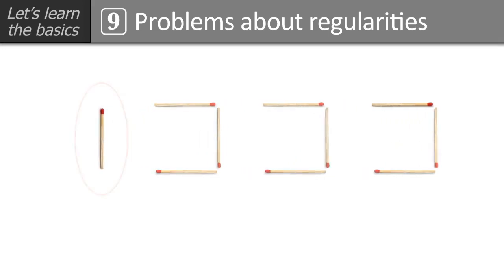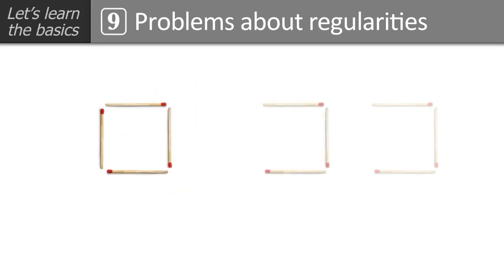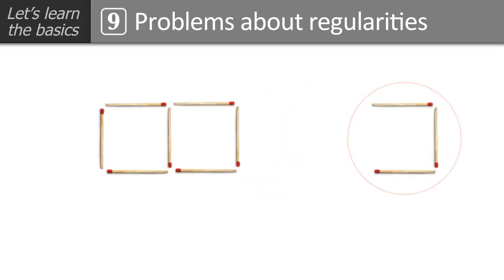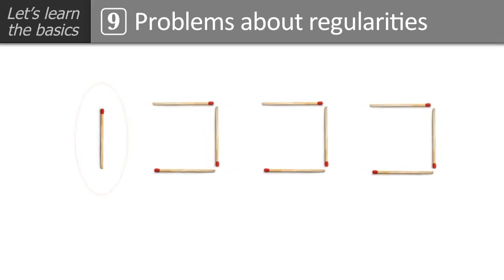If we start with one matchstick, adding 3 matchsticks makes 1 square. Adding 3 more matchsticks makes another square, and adding 3 more makes a third square. In this case, 3 squares are formed from the first matchstick plus 3 sets of 3 matchsticks.